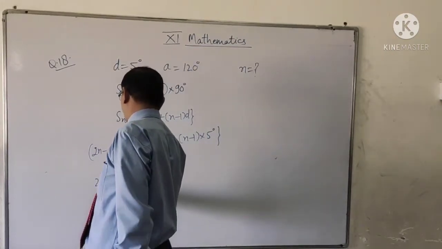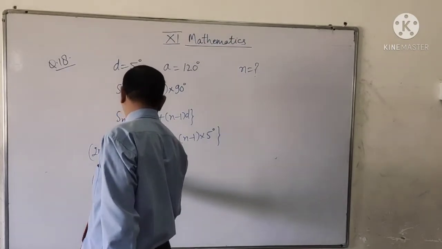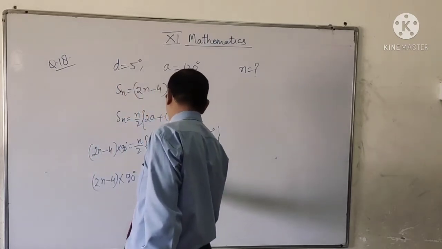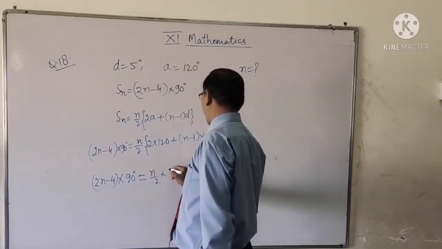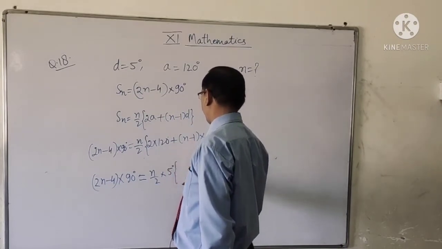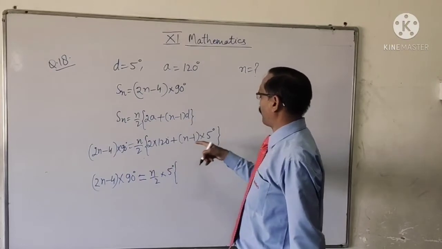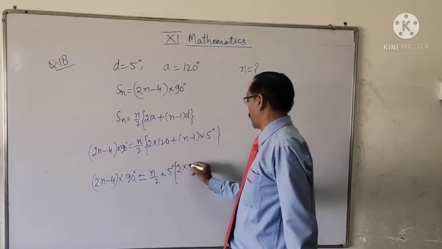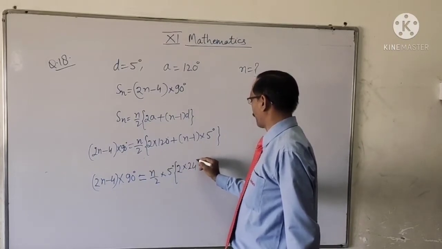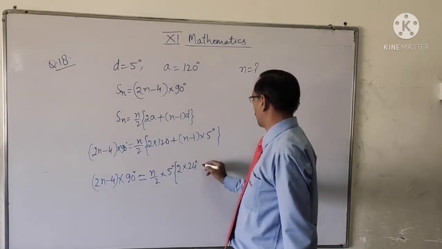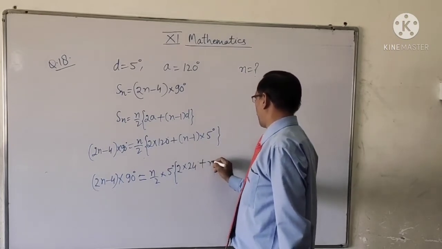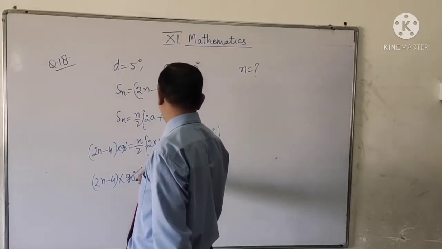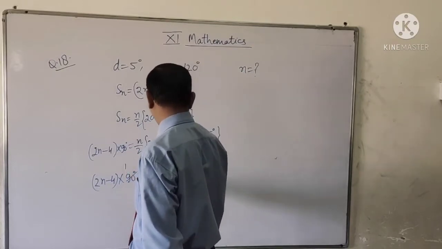So 2n minus 4 into 90 degrees is equal to n by 2. Students, here 5 is common, so it is 24, 2 into 24 degrees plus n minus 1 into 5. Then 5 is cut, 5 8s are 40.